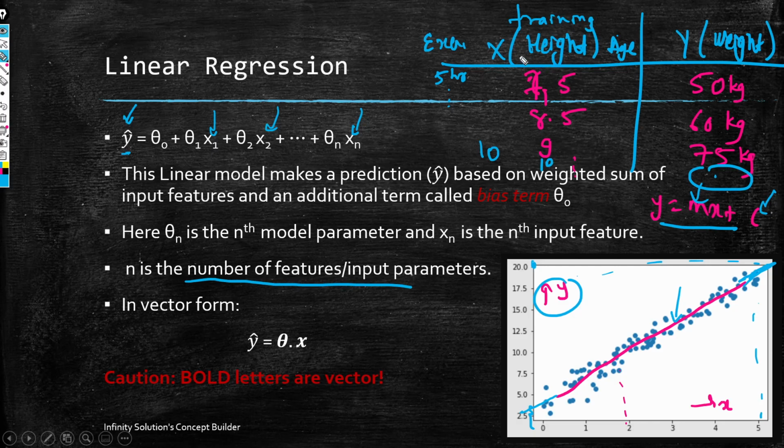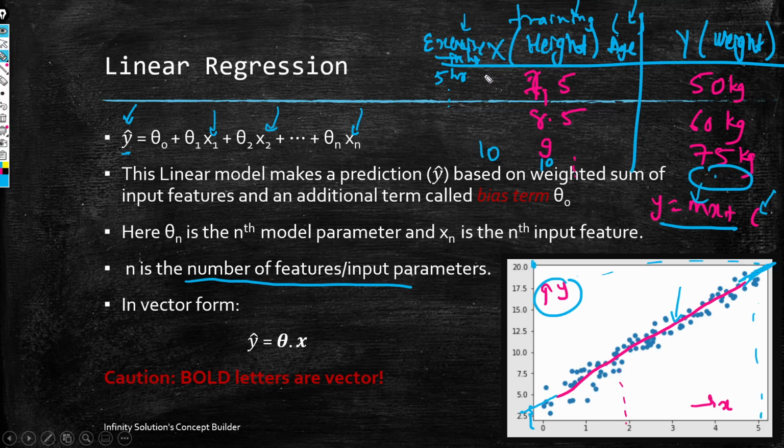Please don't confuse it. These are the number of features, like the exercise in hours that he does, the height in some unit, and age in some number. All these are features. Let's say here we have 3 features.